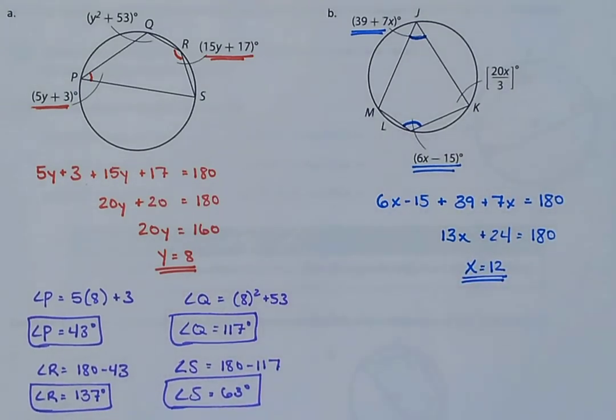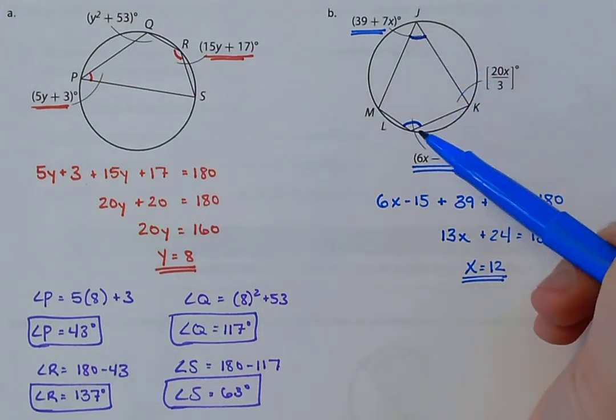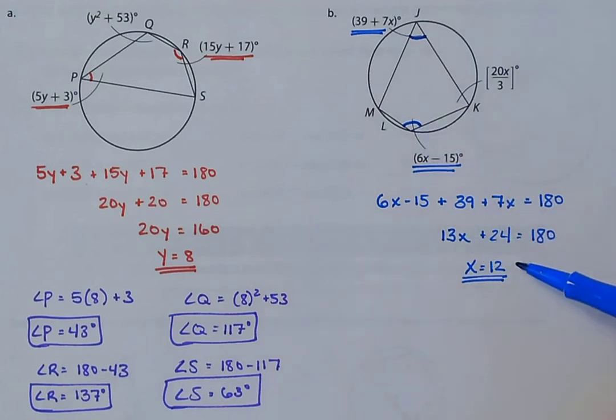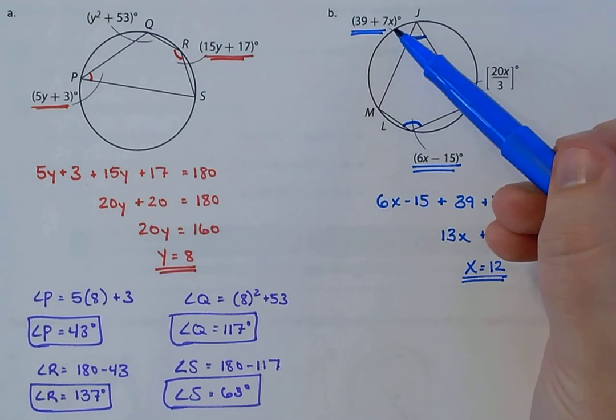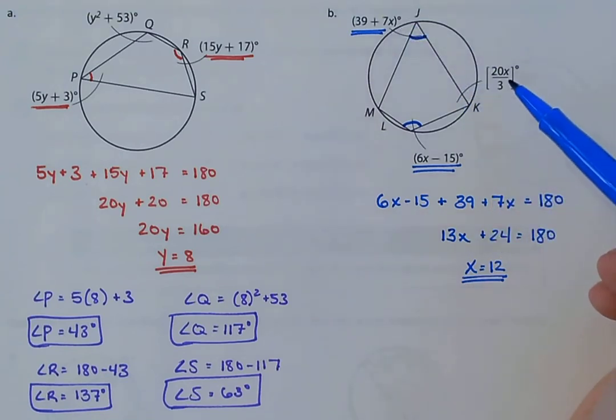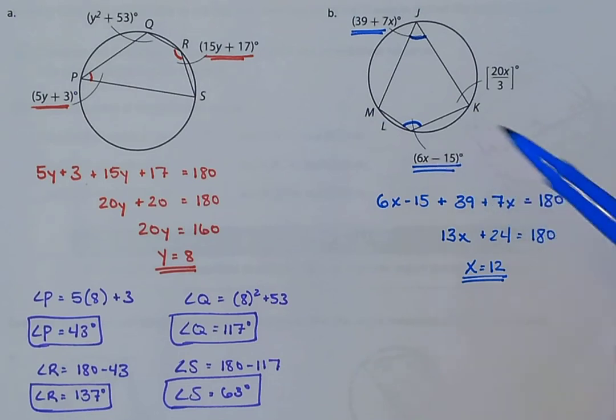So now that you know x equals 12, that allows you to figure out the measure of angles J, K, and L by plugging 12 in for x. So it's 39 plus 7 times 12. It's 20 times 12 divided by 3. And then it's 6 times 12 minus 15.